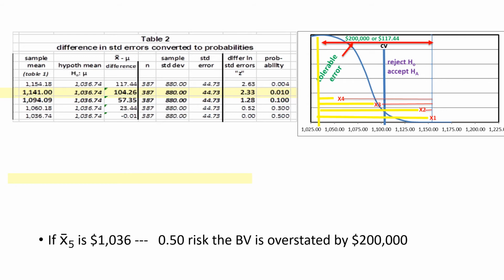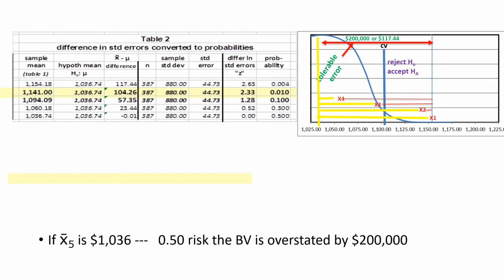Okay, so in the first case, if we get a sample mean of 1154, X1, the difference between our sample mean and the 1036, what we're trying to prove it's greater than, is very large. Now, we can use statistics to determine that X1 is 2.63 standard deviations to the right of the 1036.